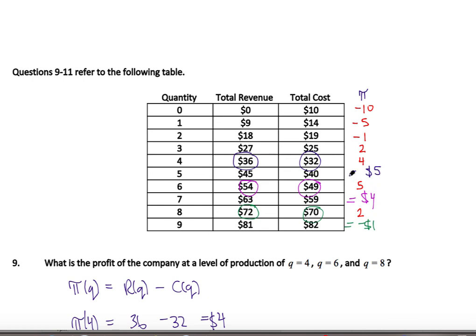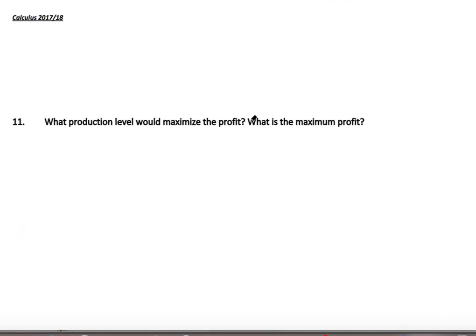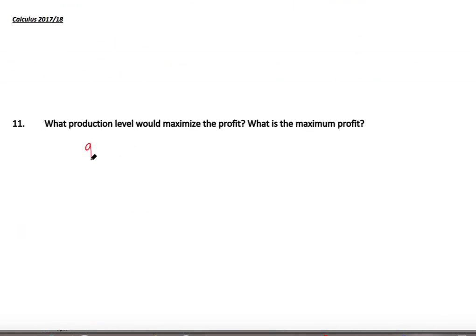So it appears that my maximum profit occurs sometime between making 5 and 6 of these items. So we can say Q equals 5 or Q equals 6, and the maximum profit is simply $5. Since we really can't deal with fractions of an item, we really can't say that it's between 5 and 6. We would say either 5 or 6.